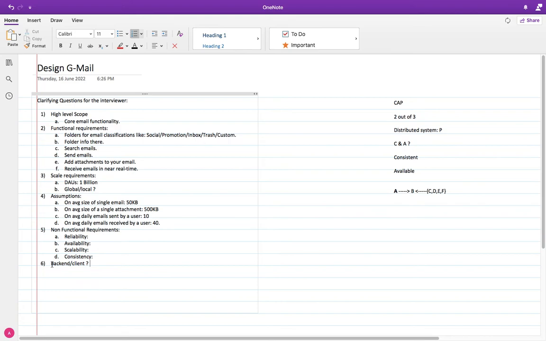Now this might seem a very dumb question, but there are a lot of places where clients also play a role. A lot of responsibilities are offloaded to the clients. For example, if you are uploading an attachment that is more than 20 MB or 25 MB, Gmail can give a validation error. It might not allow it. Such responsibilities might be on the client side.